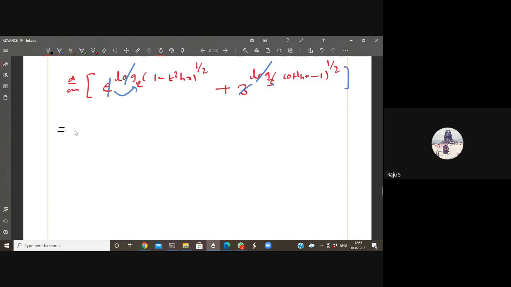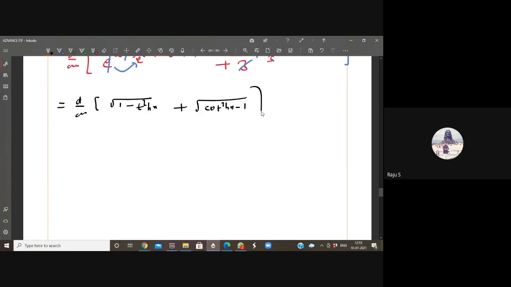Now d by dx of, what is the remaining value, students? Square root of 1 minus tan square hx plus square root of cot square hx minus 1. Do one thing, you can change in terms of, okay, what is the formula directly?